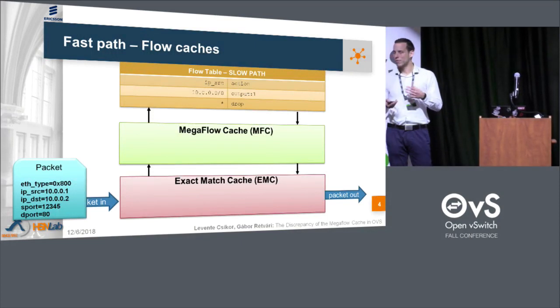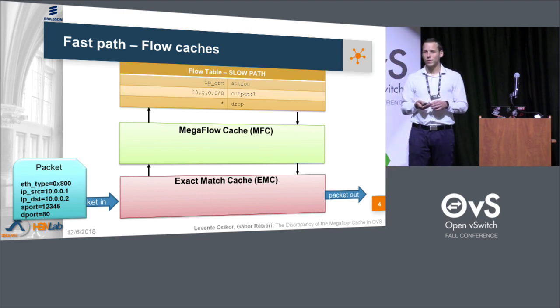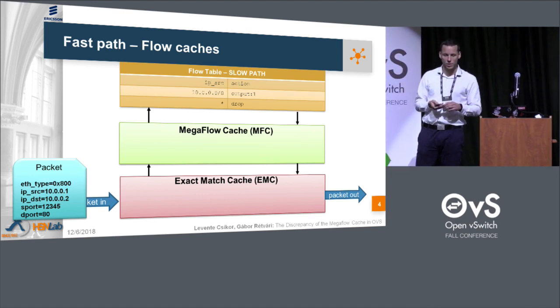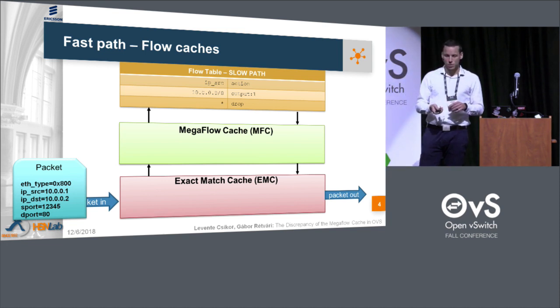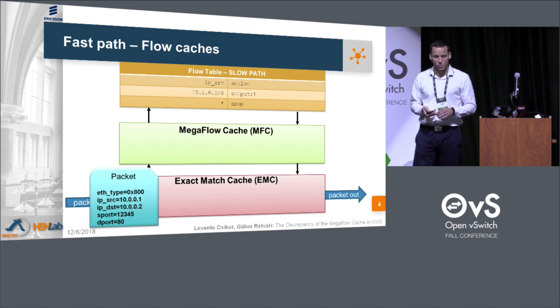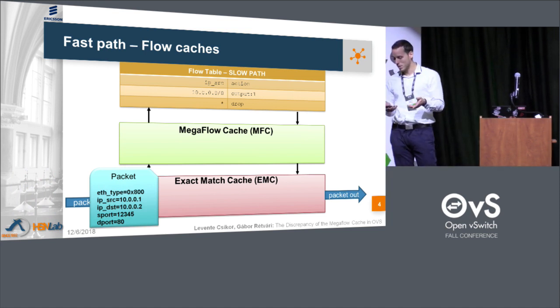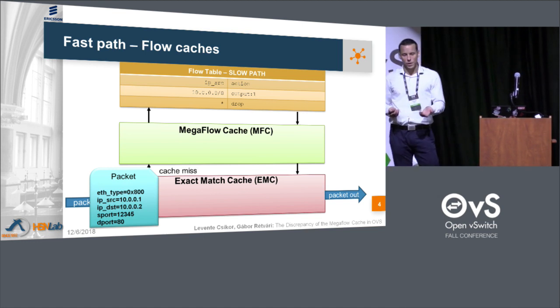So let's talk now about the flow caches, because everything I am going to say here concentrates on the Megaflow cache itself. So I did a fancy animation here. I hope you're going to like it. Here we have the exact match cache, and once a packet comes in from a source IP address 10.0.0.1, there's nothing in the exact match cache at the moment, so it's going to be a cache miss.